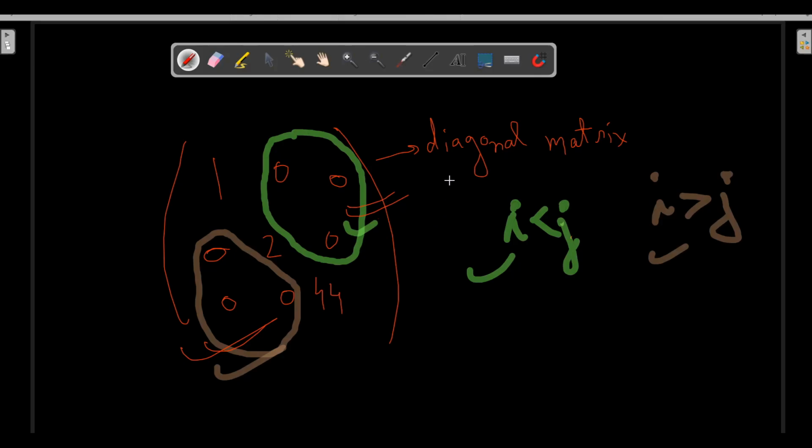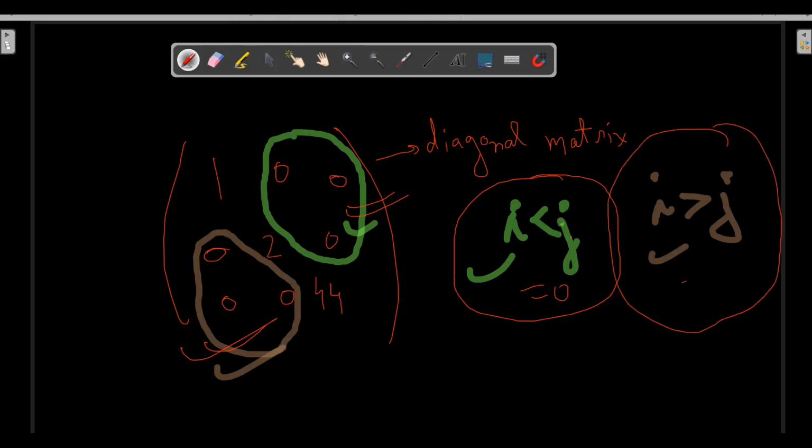So a diagonal matrix is clearly an upper triangular matrix and also a lower triangular matrix, because for i smaller than j the element is 0, and for i greater than j the element is also 0. Only diagonal elements are present.